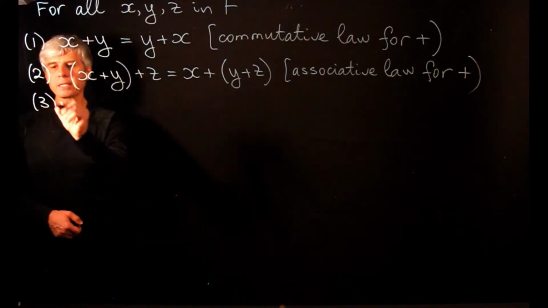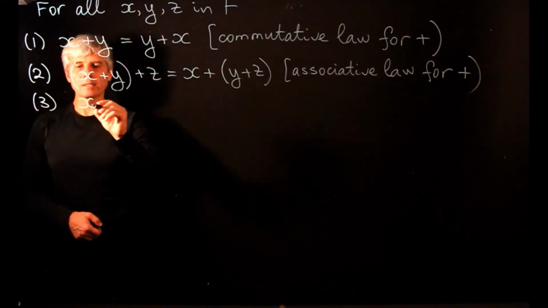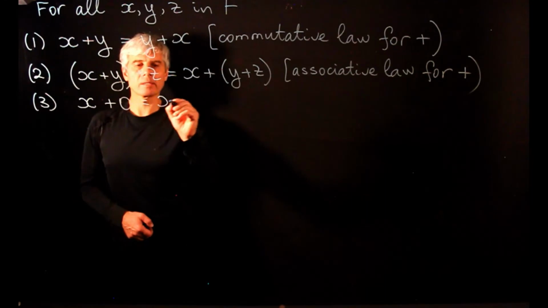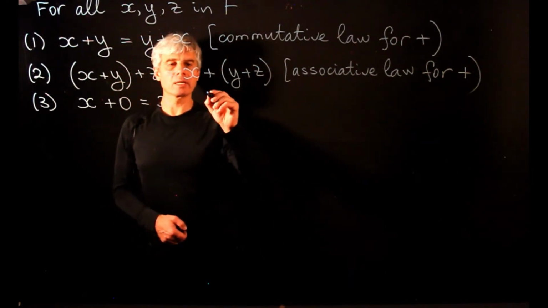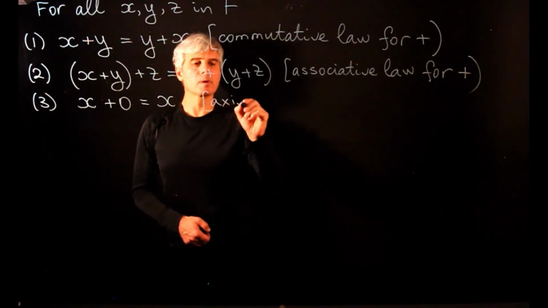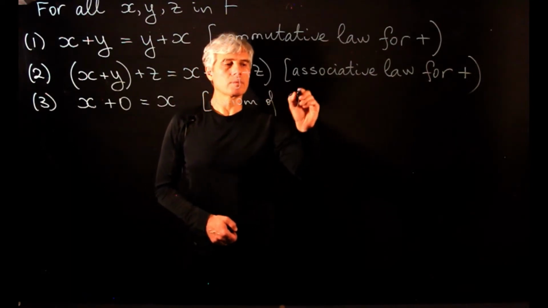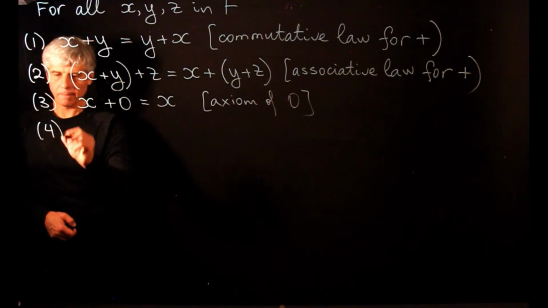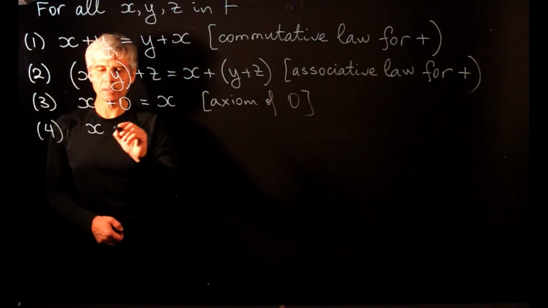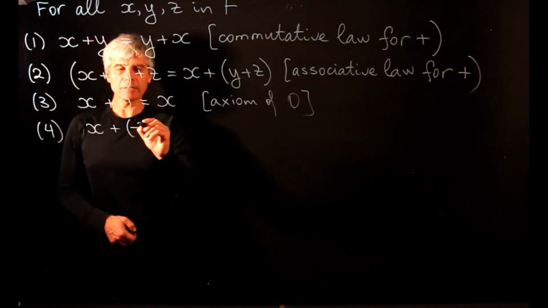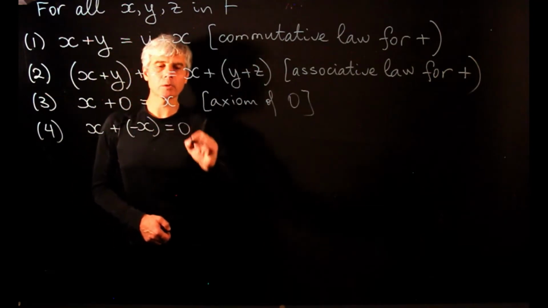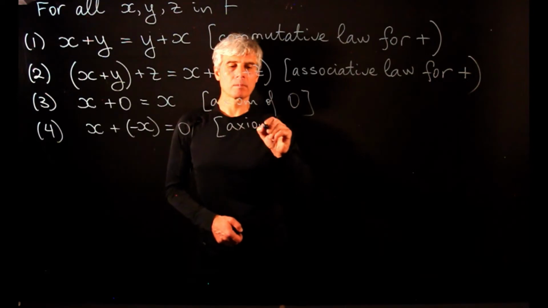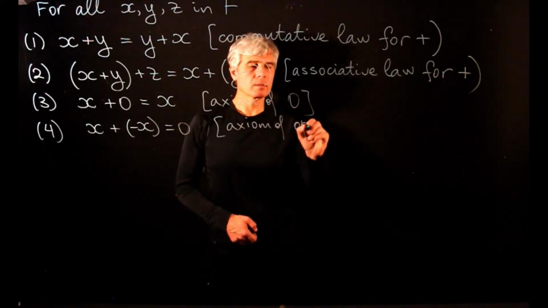Then next we have 3. x plus 0 is equal to x. So this is the axiom of 0. 4. x plus negative x is equal to 0. So this is the axiom of opposite.